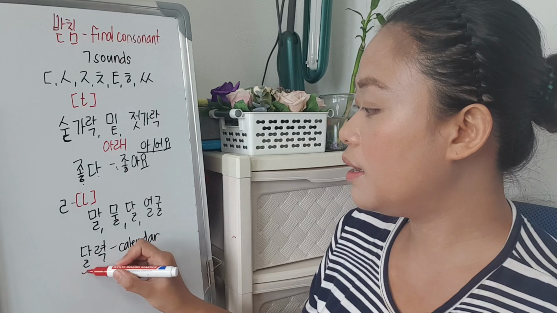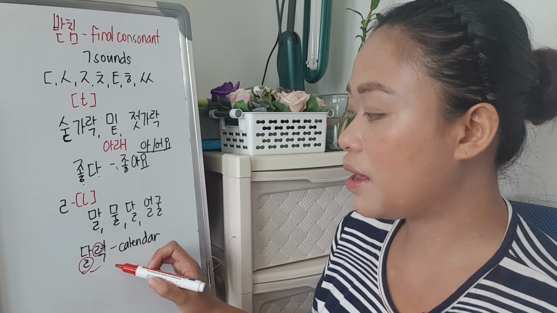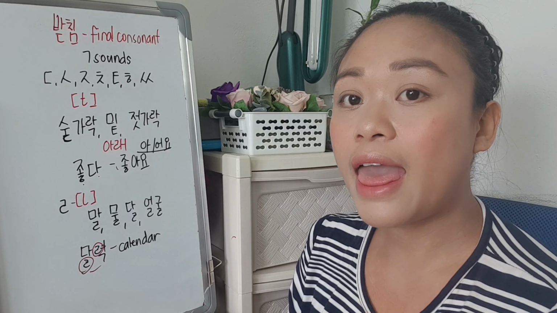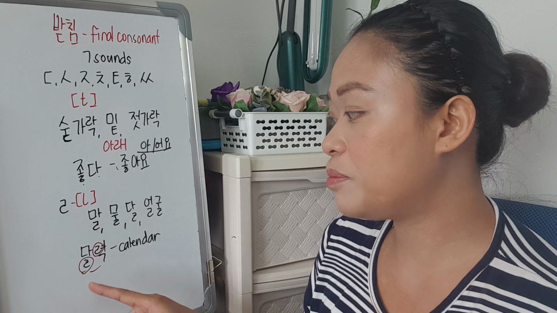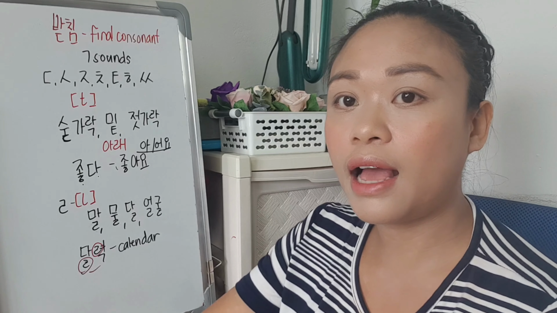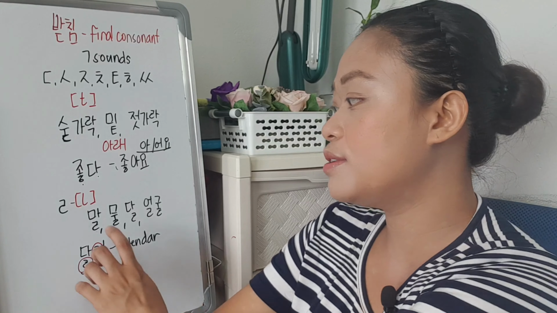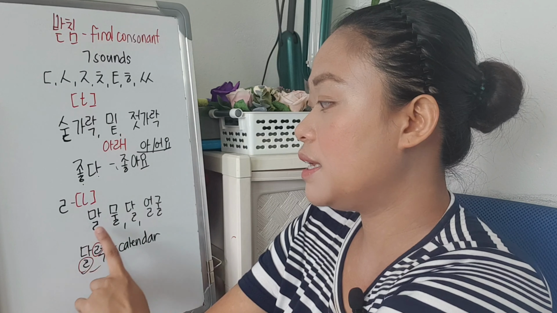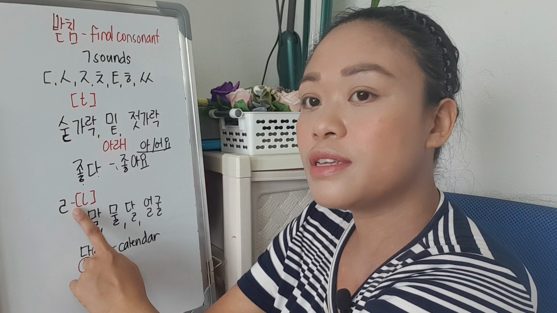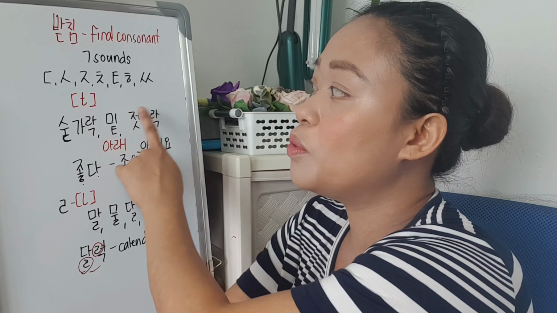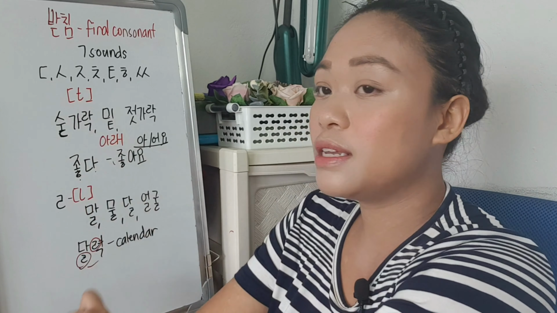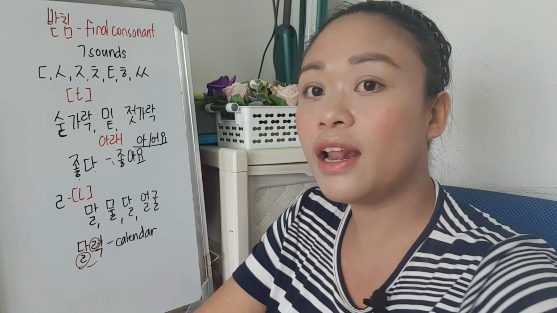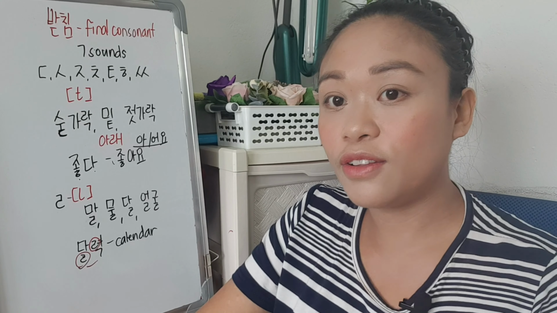When real and real meet, it is pronounced as a double L. So when real is used as batchim, it is pronounced as L, and when it is in this group, it is pronounced as T. But as I said earlier, there is an exception for this. Later on, you may know.